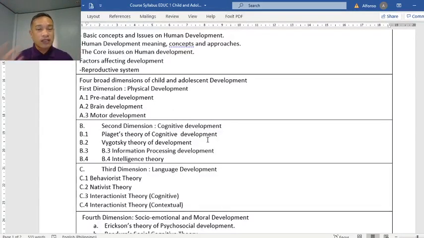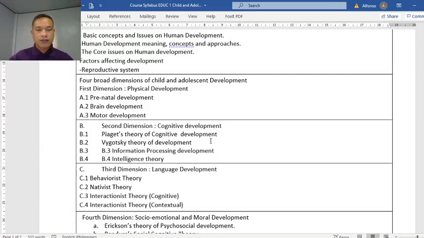So, cognitive development, or should we say mental development. And on this part, we have different theories of cognitive development that we will be touching. Specifically, Piaget's theory of cognitive development. We also need to be familiar with Vygotsky's theory of development, the information processing theory, and then the intelligence theory.